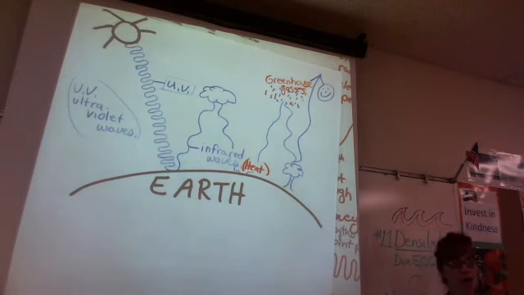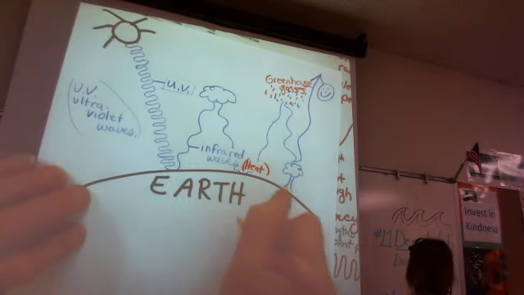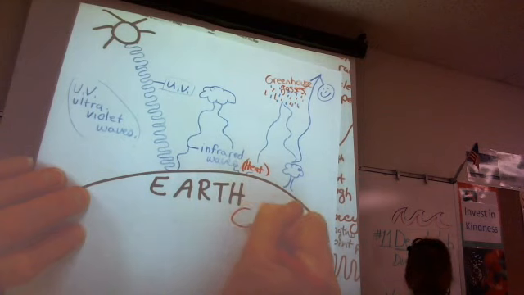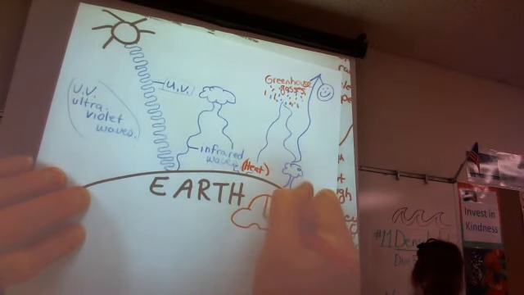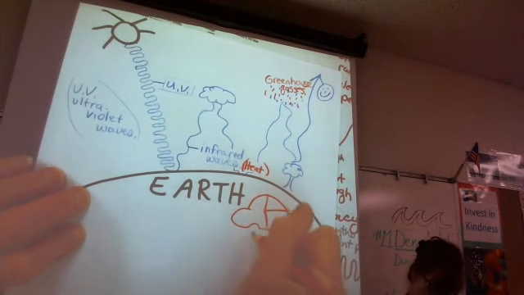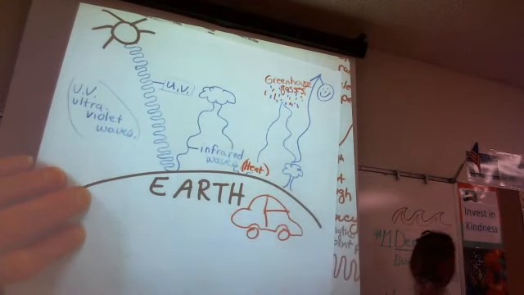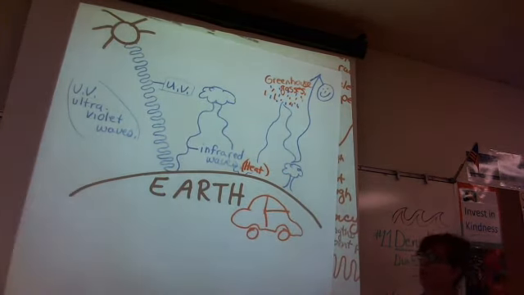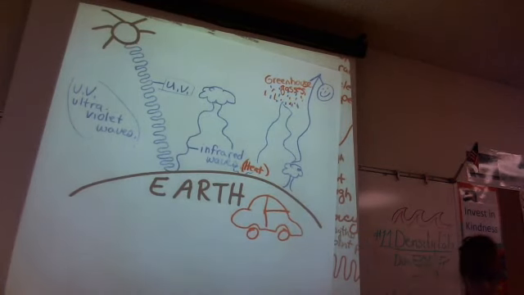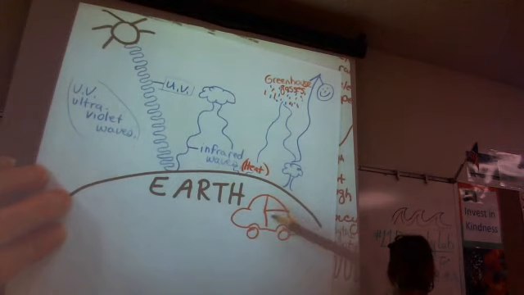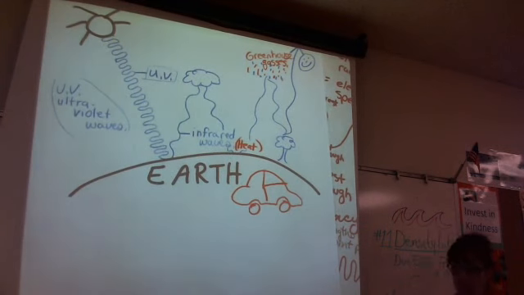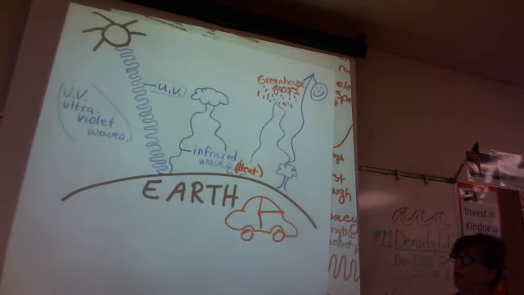So we'll kind of think about it like a car. You guys have all experienced the greenhouse effect in a car. So there's my car. So the car is just like the greenhouse effect. If it's a hot day and you go in to get in your car, what happens? It's hot. Sometimes it's so hot you can't even touch the steering wheel. Okay?